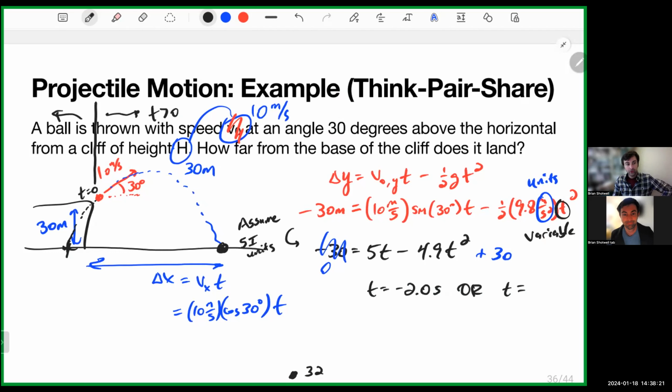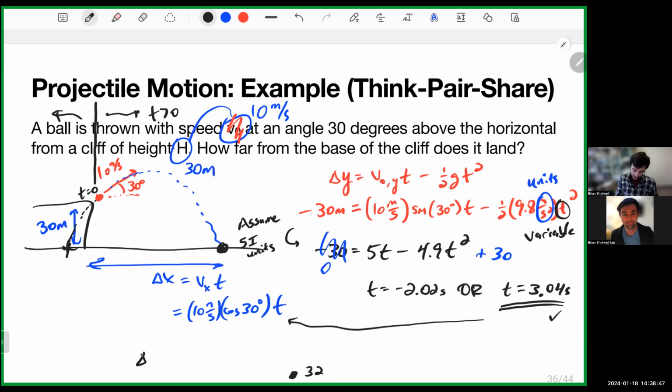The final answer I anticipate, I want to do 2 sig figs. Whatever final answer you have, you probably want to keep 1 more sig fig in the intermediate steps. So actually, right here, I'm going to write down negative 2.02 seconds, or t equals 3.04 seconds. And this is the one we want to focus on. This is the one we need. So this is the one we're going to plug in here.